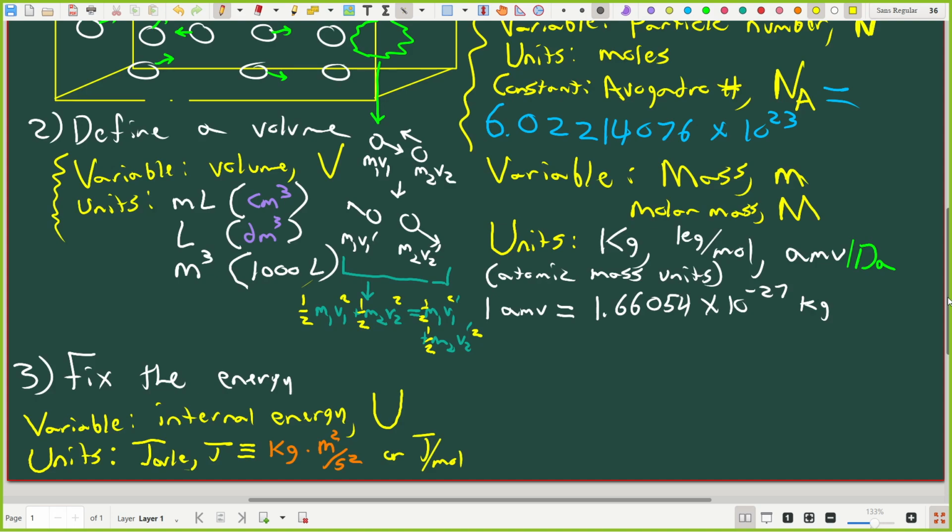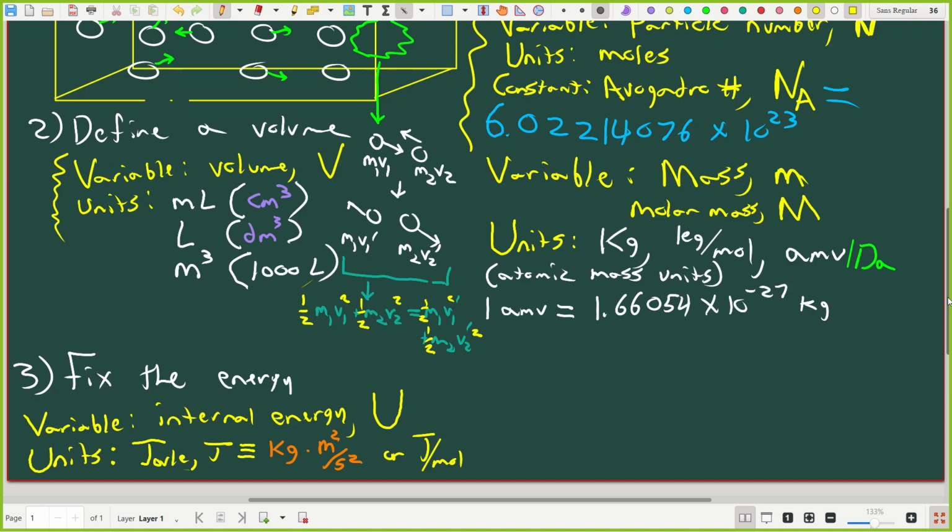So as we decrease the volume and increase the pressure, what happens? There's less room for those particles to move, and the particles are hitting the walls harder. They exert more force against the wall and increase the pressure. That's it transferring energy into the walls. It's doing what we call work, mechanical work, against the walls of the balloon.